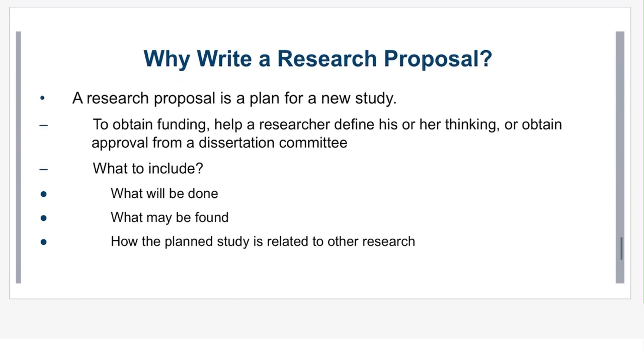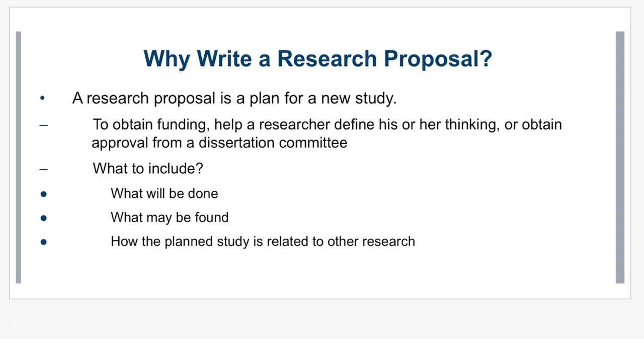But why do we do the research proposal? Obviously sometimes it's assigned for a class like this, but oftentimes in the real world, once you are out of a classroom situation, it is to obtain funding for a research study. It may just simply help a researcher define their thinking and get focused.